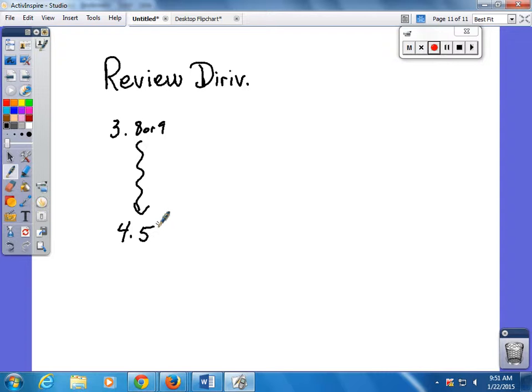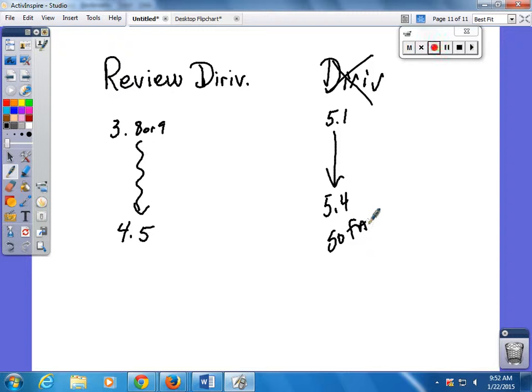And I do put that on the test. I will put that on the test. And then antiderivative. The antiderivative is 5.1 so far through 5.4. Okay, so that's where we're at right now. I will post homework on this, and that's what y'all need to work on.